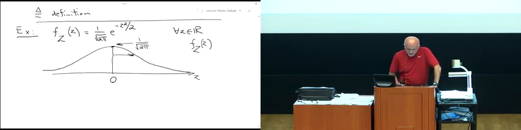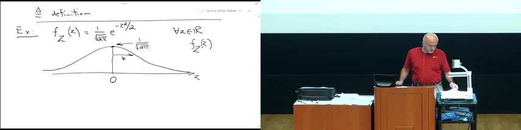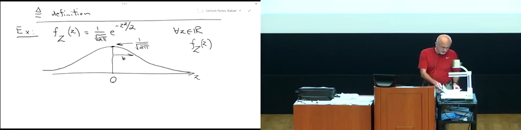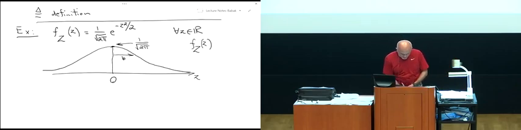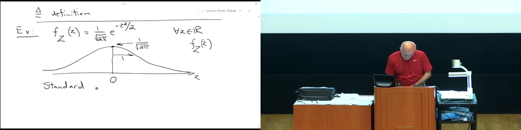And we talk about a certain thickness of this PDF. It turns out to be 1. And that's the standard deviation of this random variable. This is called the standard normal random variable, or the standard Gaussian random variable.